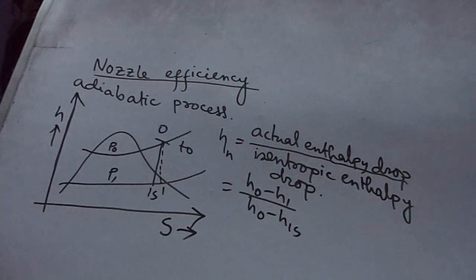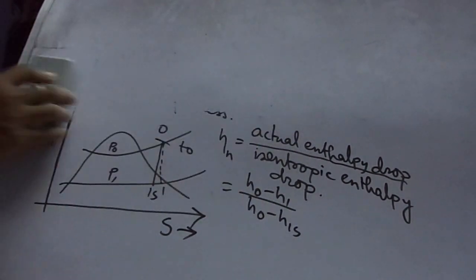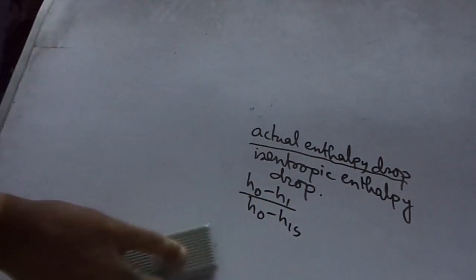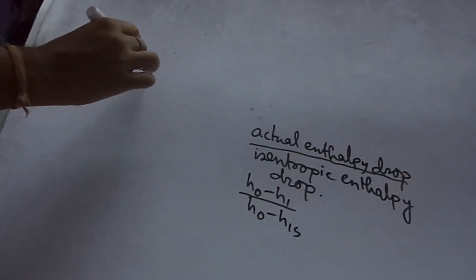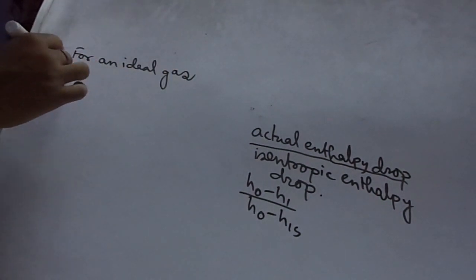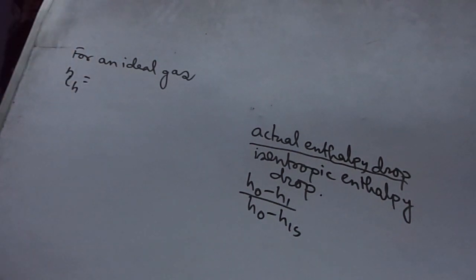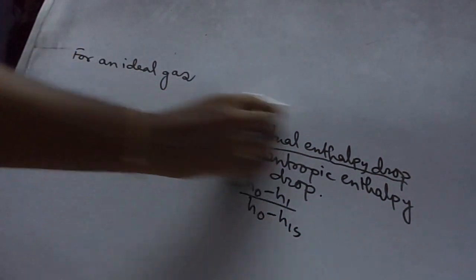Okay, for an ideal gas, the efficiency of the nozzle equals Cp (T0 minus T1) divided by Cp (T0 minus T1s).